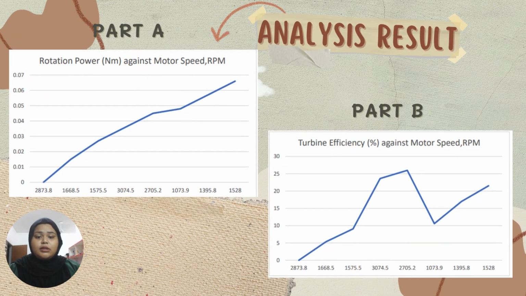Next, this is the analysis of the results that we got from the lab. For part A, we want to know about rotation power against motor speed in RPM. And for part B, we need to know about turbine efficiency against motor speed.